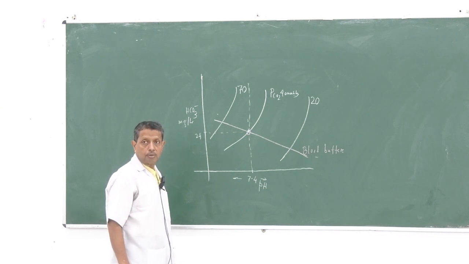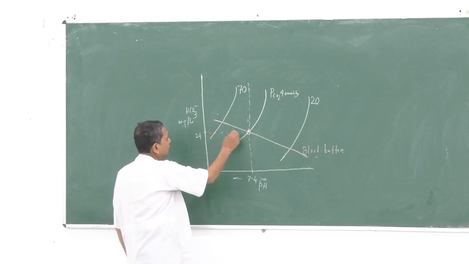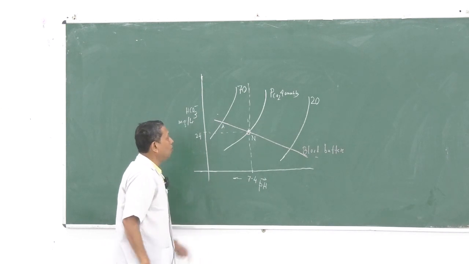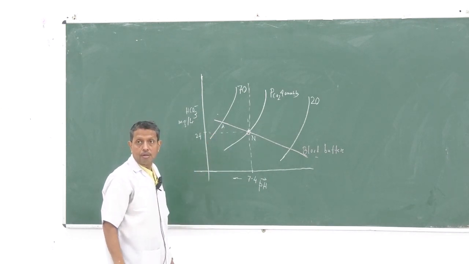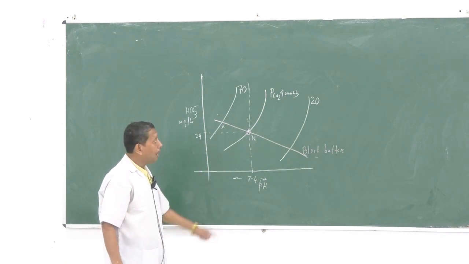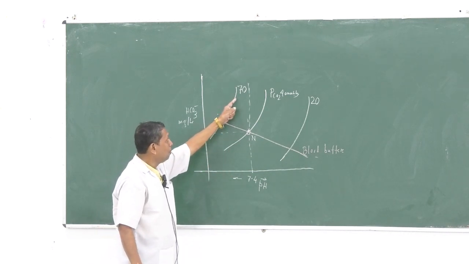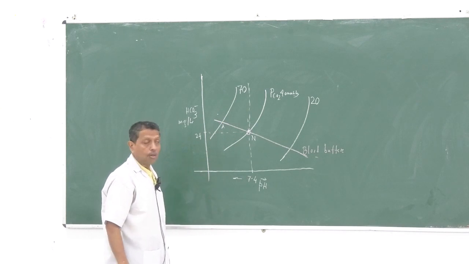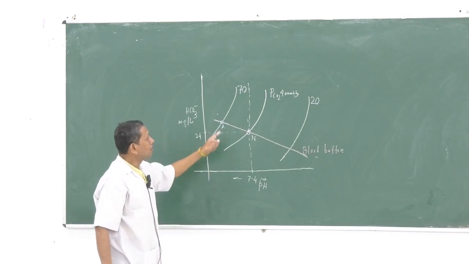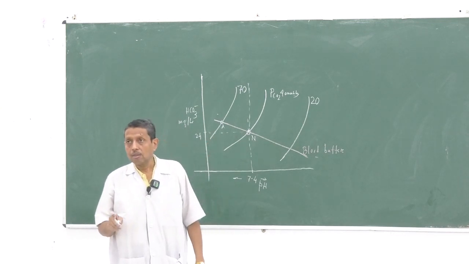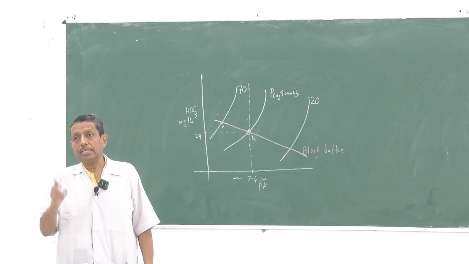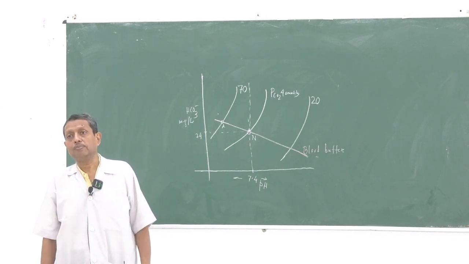Suppose this is the normal point, this is the point A, where there is hypoventilation. It is operating upon the same blood buffer line, but there is change in the PCO2, and you are getting this point. You can call it the uncompensated respiratory acidosis.